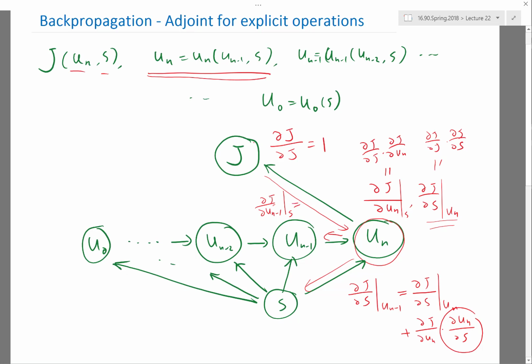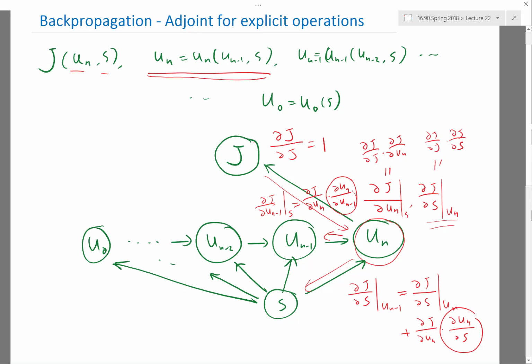And here again, dj dun minus 1 is dj dun times dun dun minus 1. And again, this is the partial derivative of the second last operation. Does it make sense? Okay, so this just keeps going backwards and backwards throughout the chain of calculations.